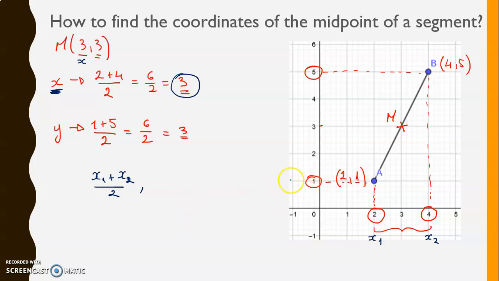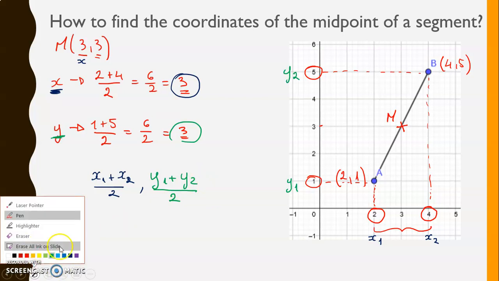Now, if we take 1 to be y1, and 5, the y component of the second point B, to be y2, then what we have done here to find the y component of the midpoint was to add the two y coordinates, and divide by how many there were, which was 2.